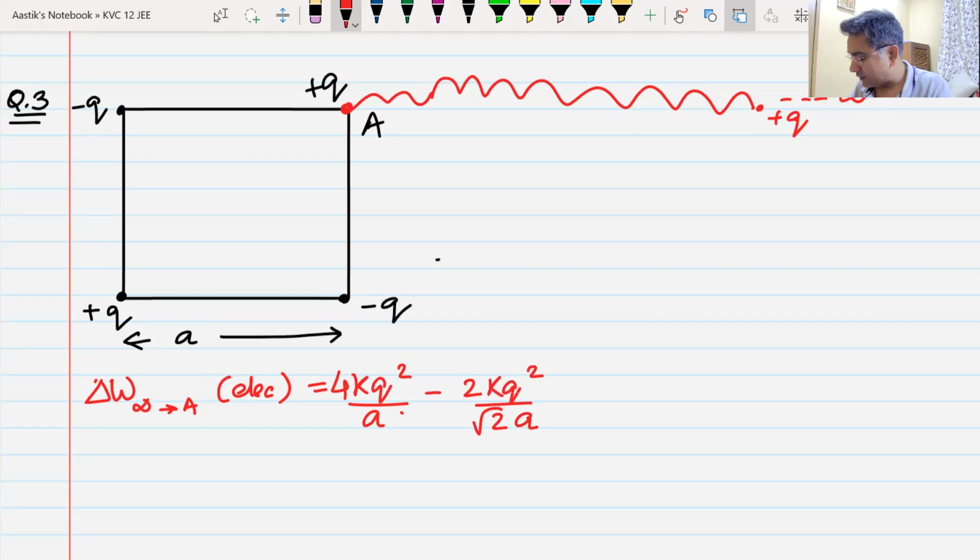This is the work done in bringing this charge, the red charge, from infinity and placing it at point A.